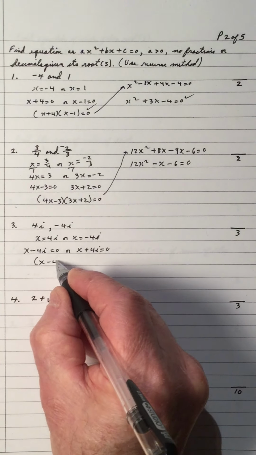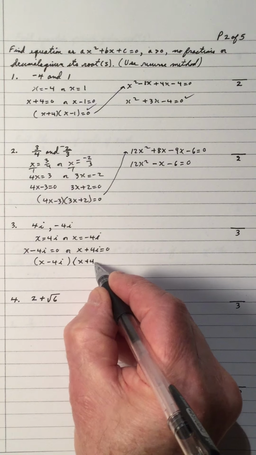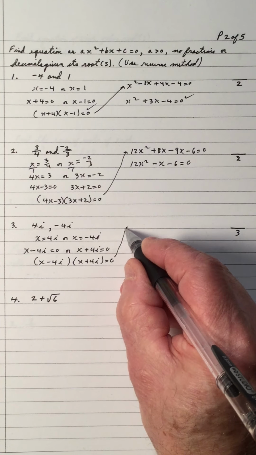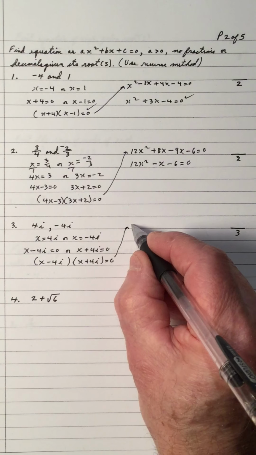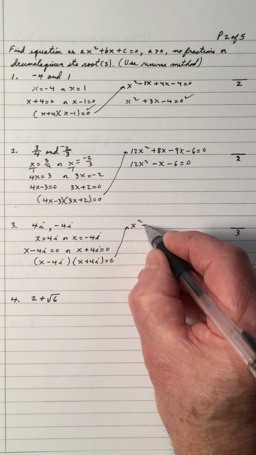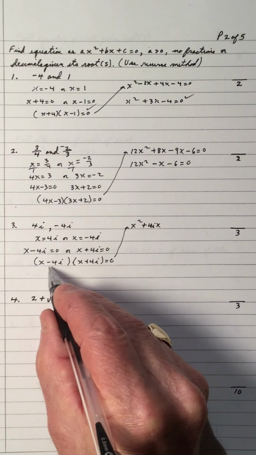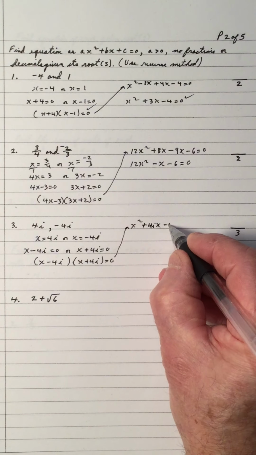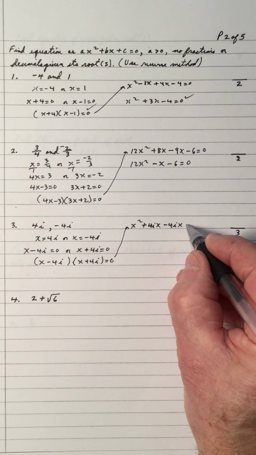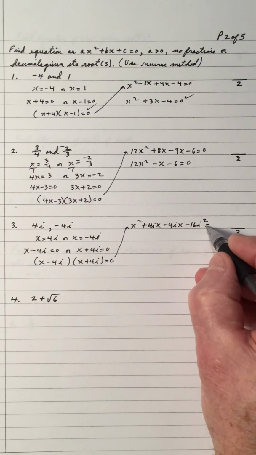So x minus 4i times x plus 4i equals 0. And again, we multiply by FOIL. x times x is x squared. Outside, x times 4i is 4ix. And -4i times x is -4ix. And a -4i times a +4i is a -16i squared equals 0.